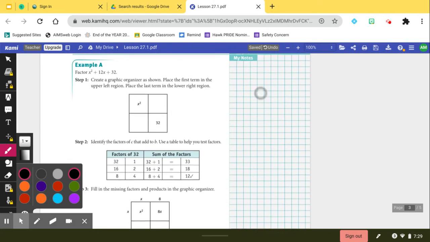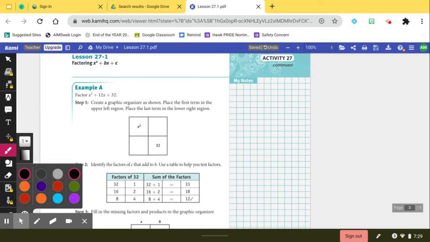So what we're doing with factoring these trinomials, we are trying to find the two binomials that multiply together to get that trinomial. Now, there's a couple things that we need to know. The first term of our trinomial, x squared, is always the result of our first terms of each binomial being multiplied together.